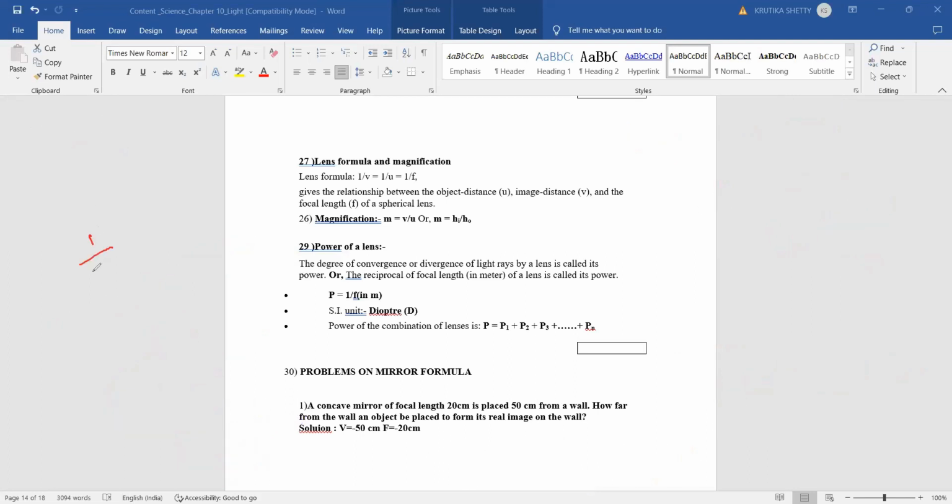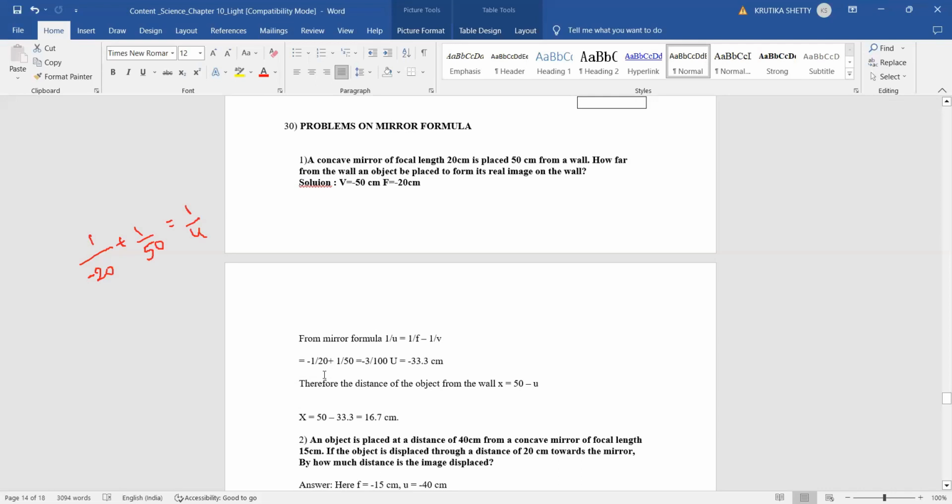So you have 1 divided by minus 20 plus 1 divided by 50 is equal to 1 by u. Here you can see the simplification, you will get the answer minus 33.3 centimeter. That is u is equal to minus 33.3. Are you getting this answer?